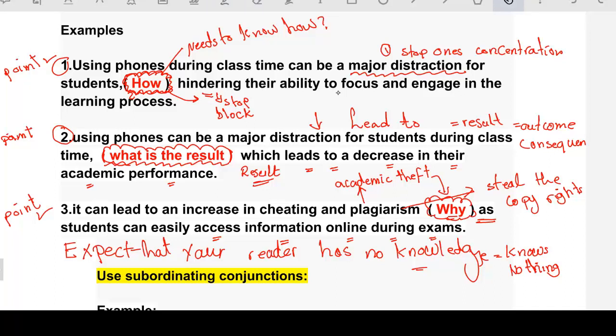Read them silently again and again. Be sure that you understand them successfully so that you can write your own examples. I'll give you 2 minutes to revise the 3 examples on the screen. Then get back to me to write your task.